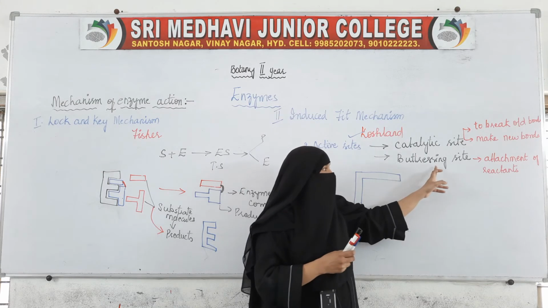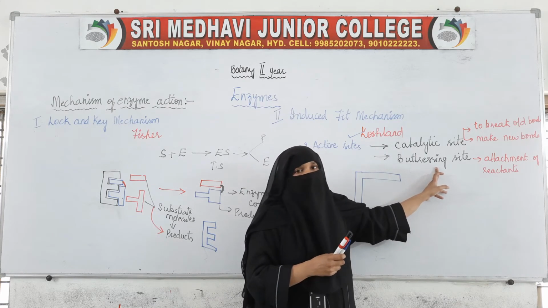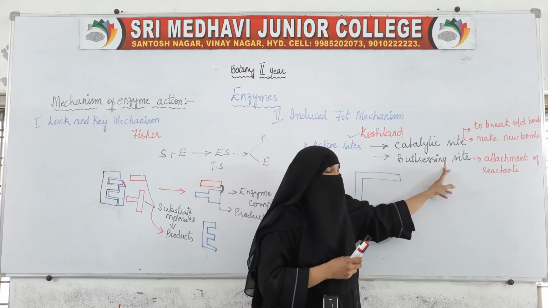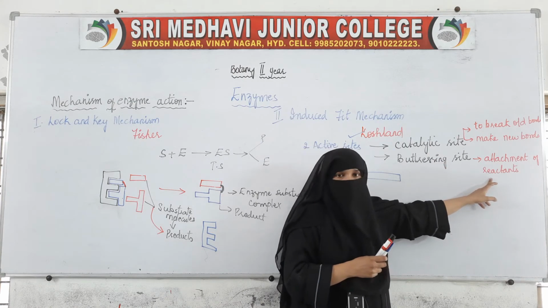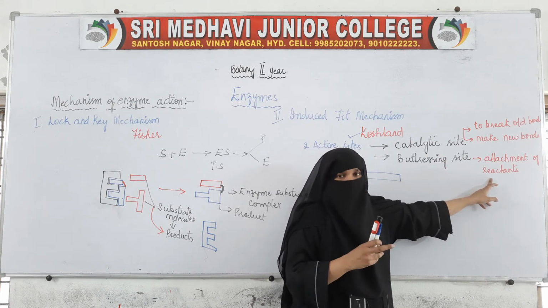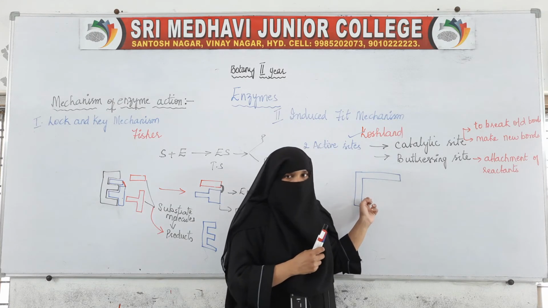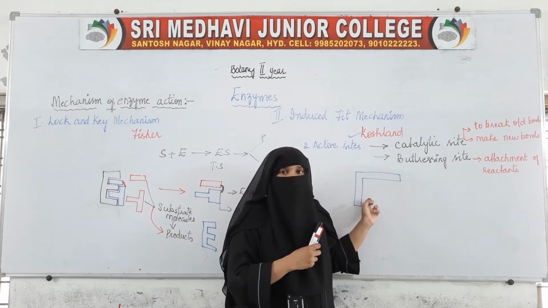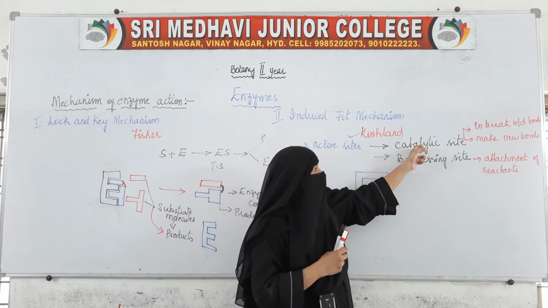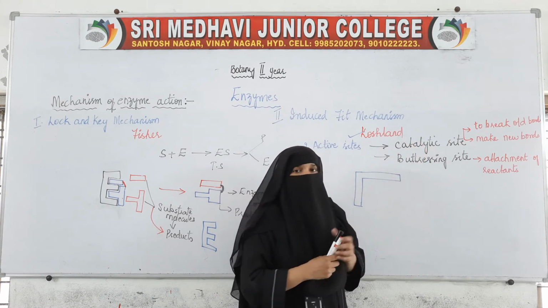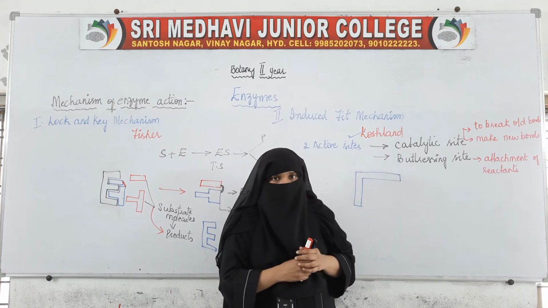It is for the attachment of reactants, or substrates. So this is the place where they attach to the enzyme, and the catalytic site will help in the making or breaking of the bonds between them.